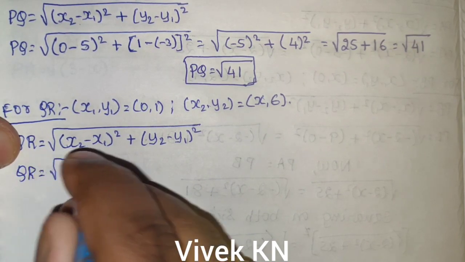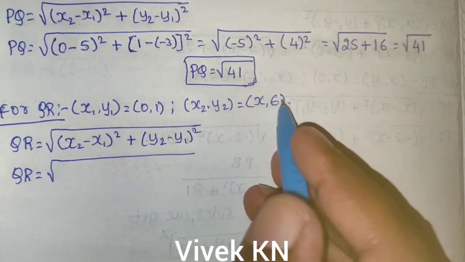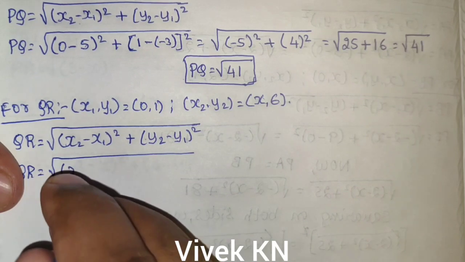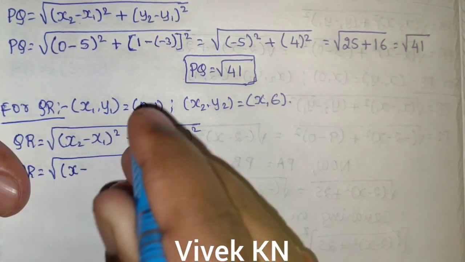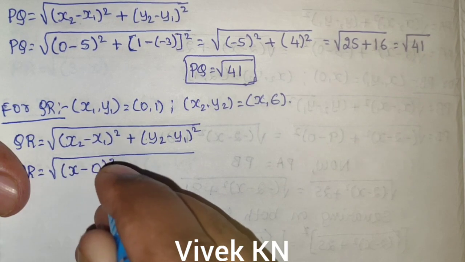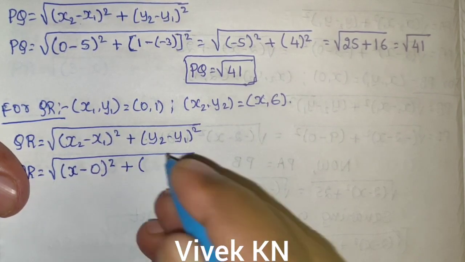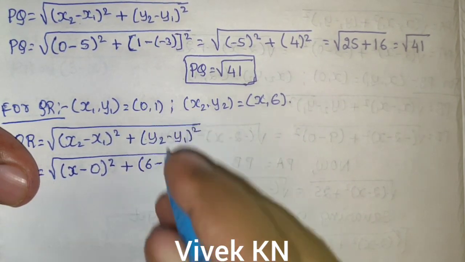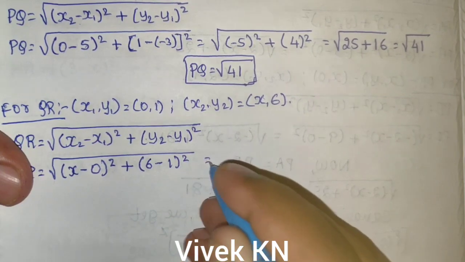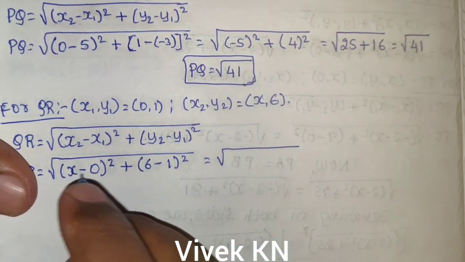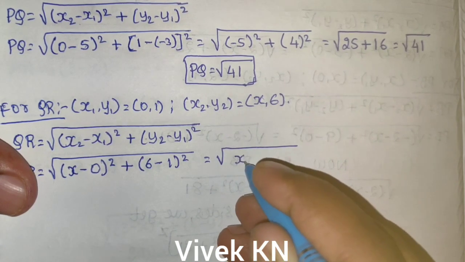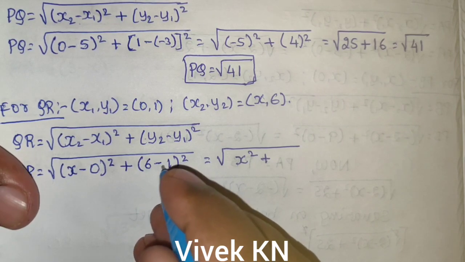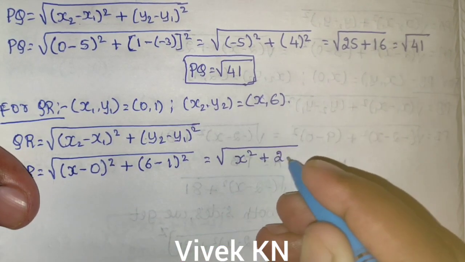Now let us substitute the values of x1 y1 and x2 y2 here. The value of x2 is x minus the value of x1 is 0 whole square plus the value of y2 is 6 minus the value of y1 is 1 whole square, which is equal to under root of x minus 0 is x square plus 6 minus 1 is 5. 5 square is 25.